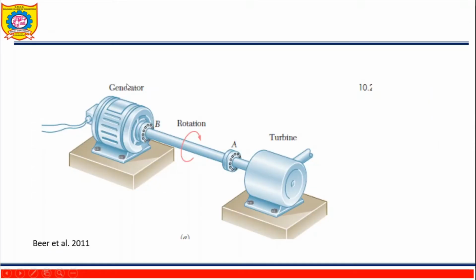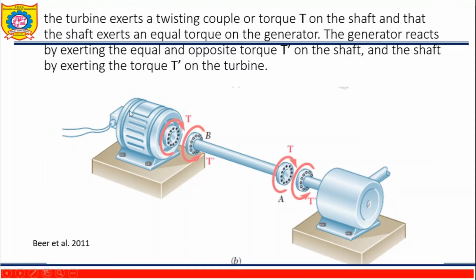This is one example, a generator and a turbine. The generator shaft is connected to the middle shaft, and then the middle shaft is connected to the turbine shaft. When you start the generator, its shaft will rotate in the clockwise direction.